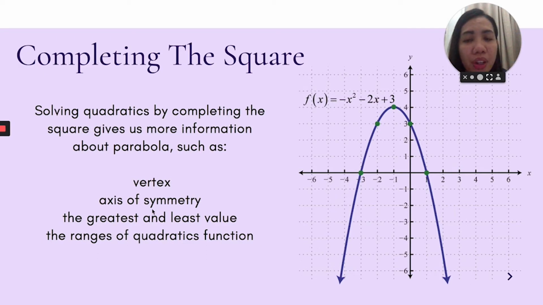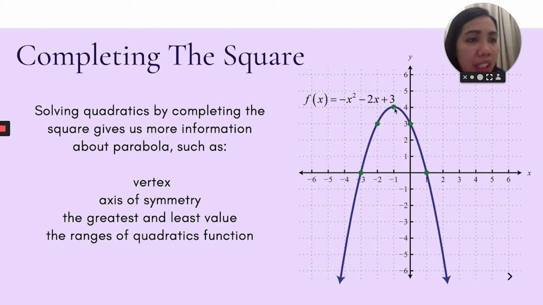Okay, what is the vertex? The vertex is in here. The vertex is the point in which the parabola changes its direction. Whenever we read the parabola, we have to read it from the left to the right. We can see that the parabola goes upward like this, and until this point, the parabola then changes direction, which is goes downward like this.